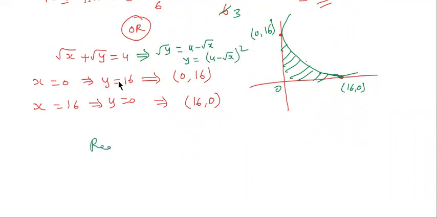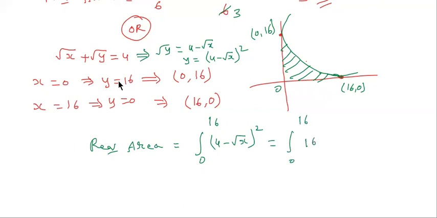Now the required area is equal to the integral from 0 to 16 of 4 minus root x whole square, which means 16 plus x minus 8 root x, root x means x power 1 by 2, dx.